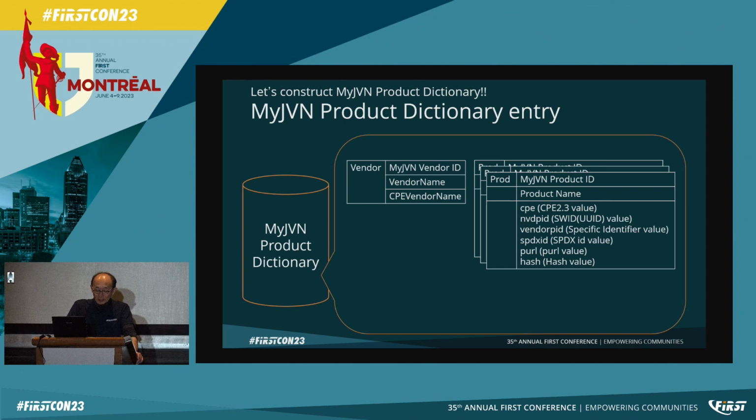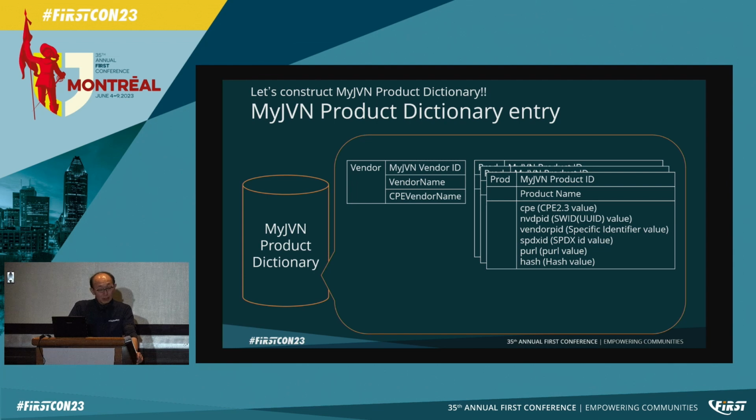By incorporating these elements into the MyJVN Product Dictionary, we establish a comprehensive and standardized repository of software product information. Each component serves a specific purpose in facilitating accurate identification and efficient collaboration between stakeholders.